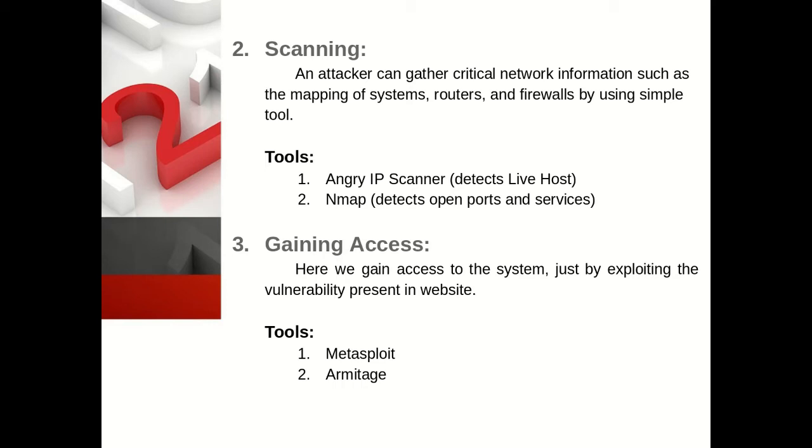To do this, we use tools like Metasploit framework, which is an inbuilt program in the Kali Linux operating system. And the next tool is Armitage. It is a GUI version of Metasploit. It is easy to use.